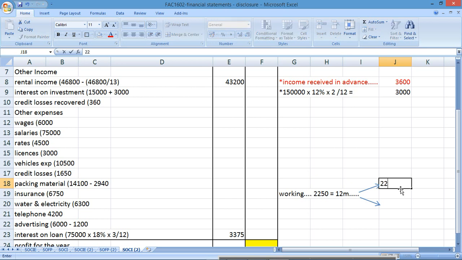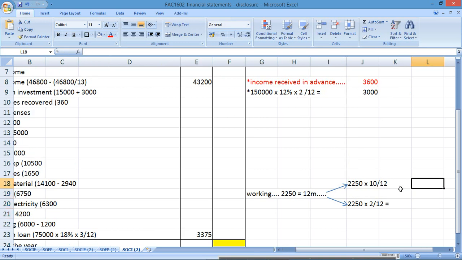So 2250 times 10 over 12 is going to give me the amount that I actually prepaid. And 2250 times 2 over 12 is going to give me the amount that I paid. So that's 1875, and then the other one is 2250 times 2, and then 375.